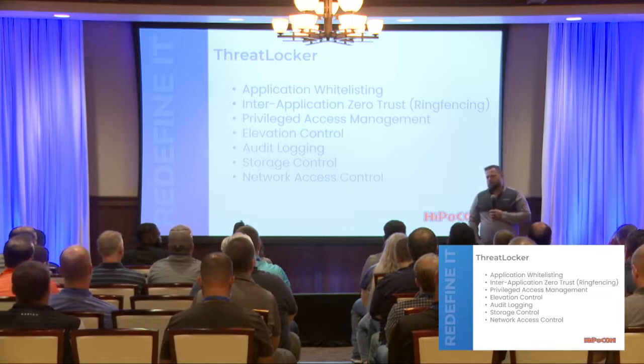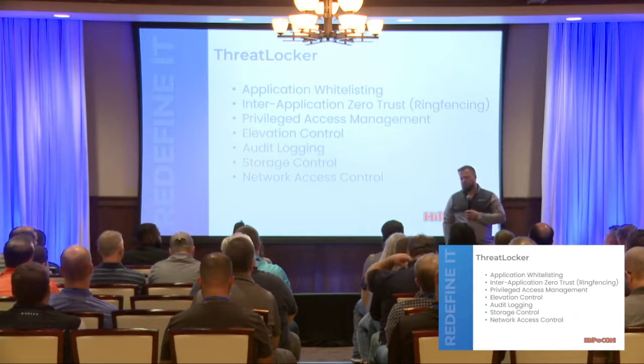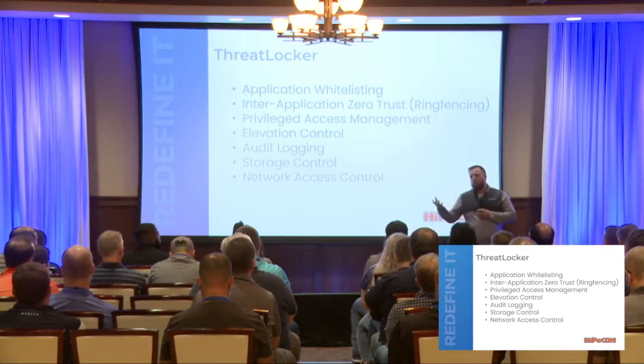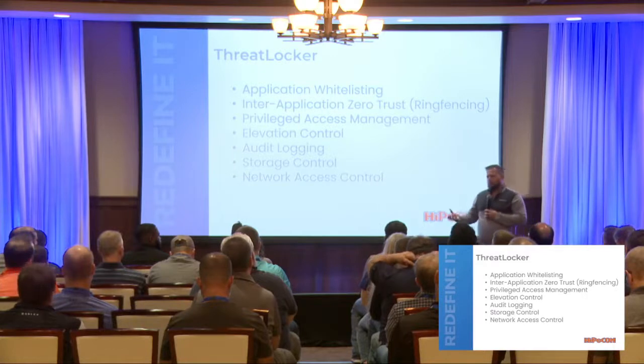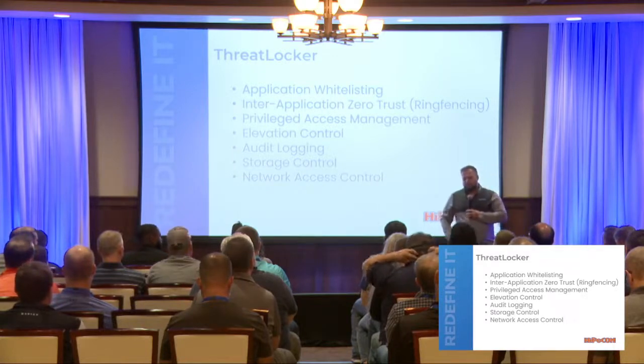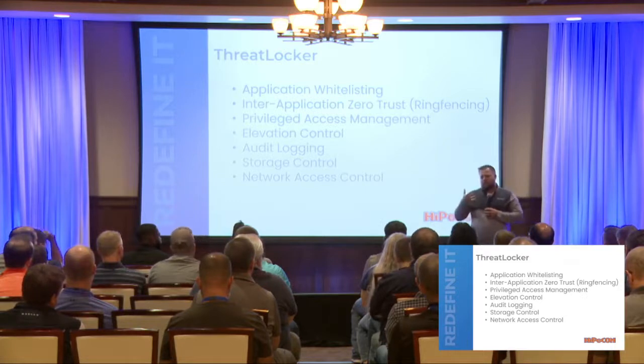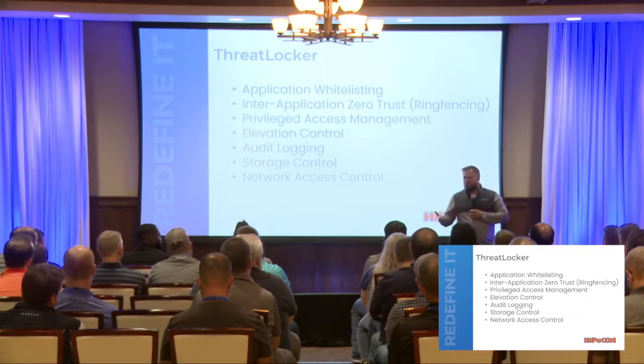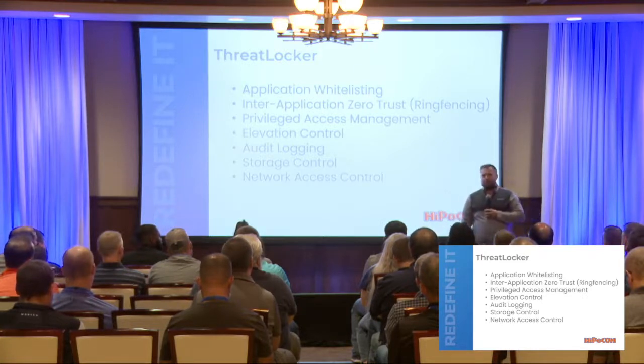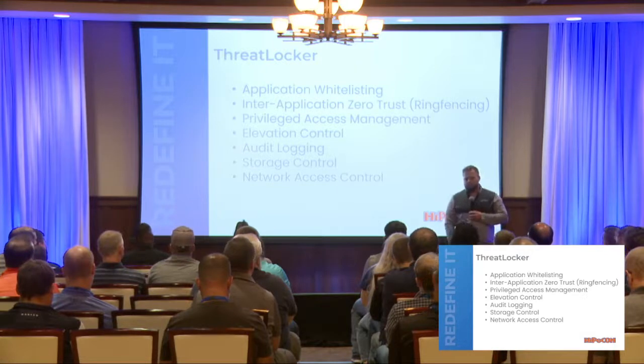We're able to do what's called simulated denies and look at what would happen in the environment if we were to lock down today. How would our users be impacted before we actually do that? And then we can start to lock down those users and those endpoints by group, by machine, without completely stopping work for the entire organization.